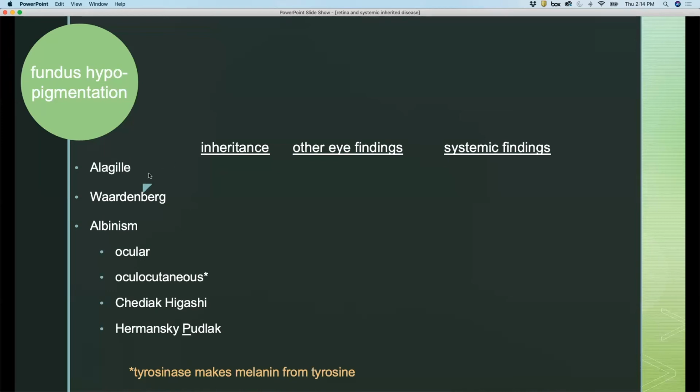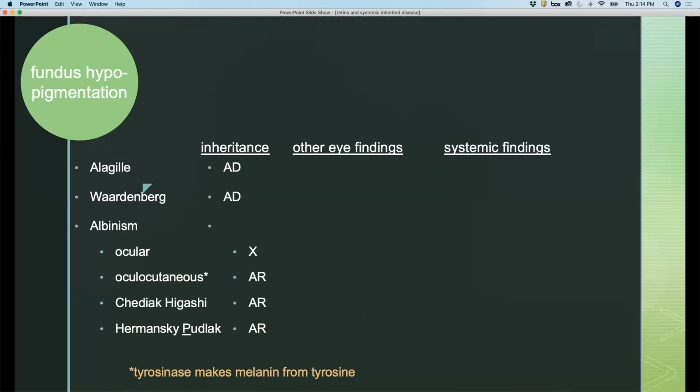Okay, let's talk about the inheritance. What's the inheritance of ocular versus oculocutaneous albinism? Are they both autosomal recessive? So they are both recessive, but, oh, one of them is X-linked? Yeah, I can't remember. We'll have to click the next thing to see.